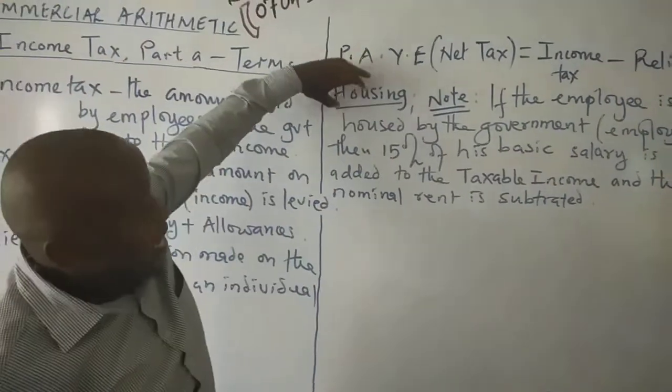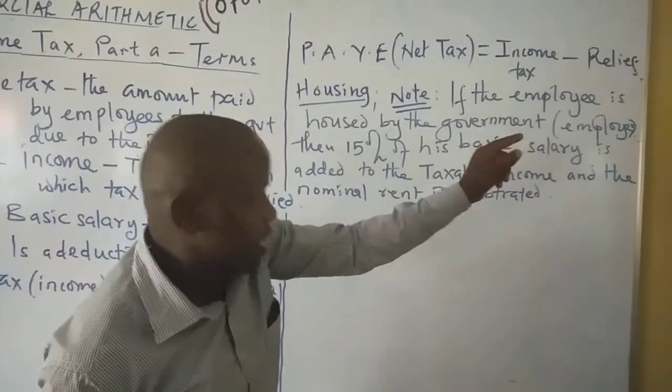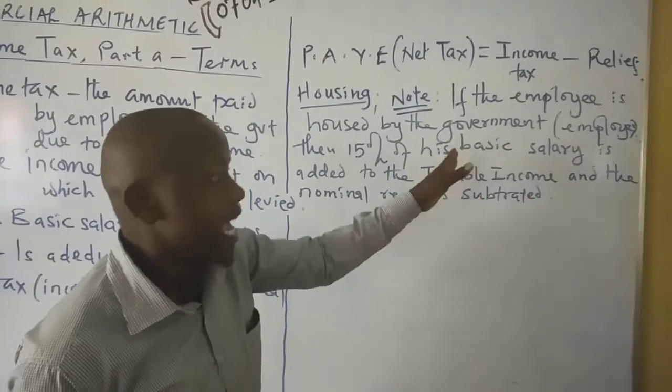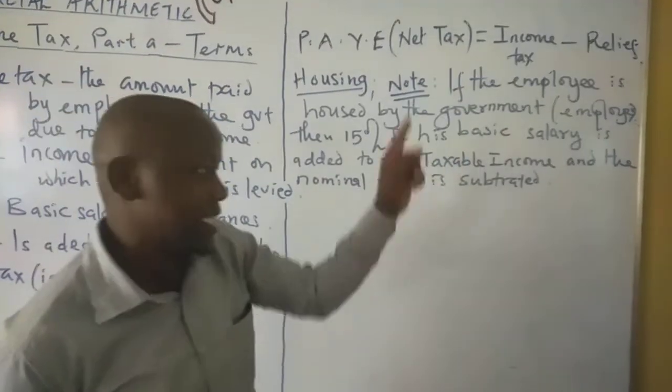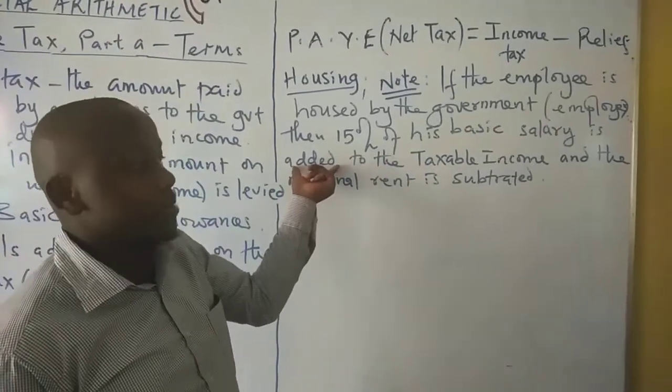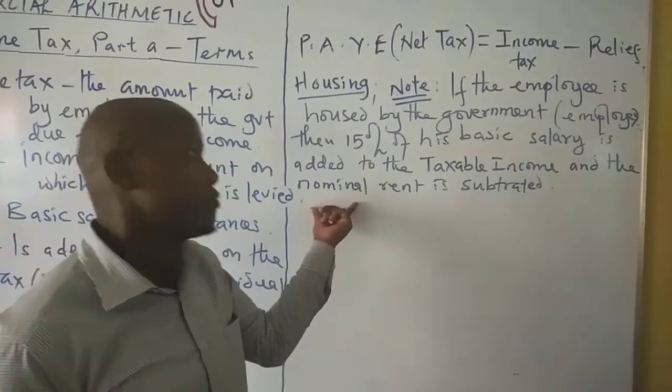In this case, whereby the employee is housed by the employer, whether government or any other organization, 15% of the basic salary is added to the taxable income for taxation, then nominal rent is subtracted.